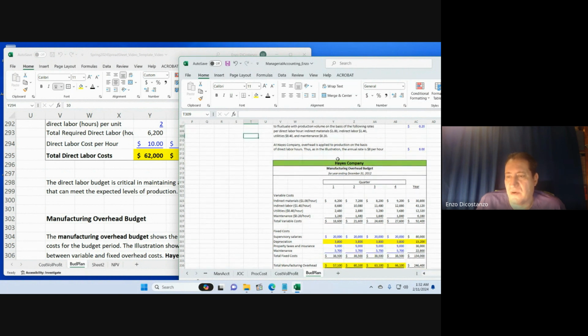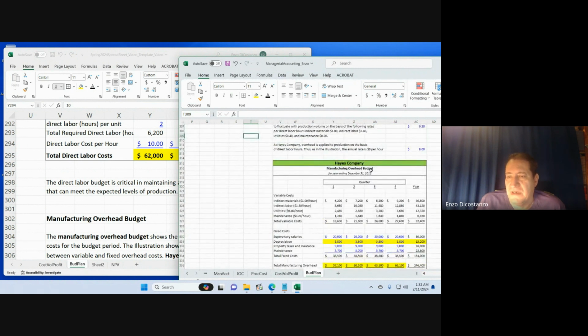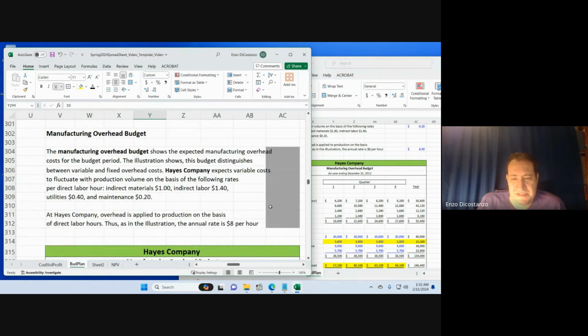No, I'm sorry, per hour. So it's $8 per hour. And actually, we're computing that. We put it here for some reason, but we computed that. So let's skip worrying about that for the moment.